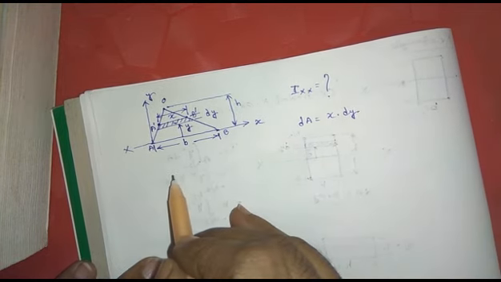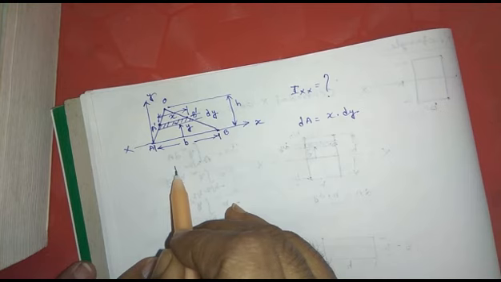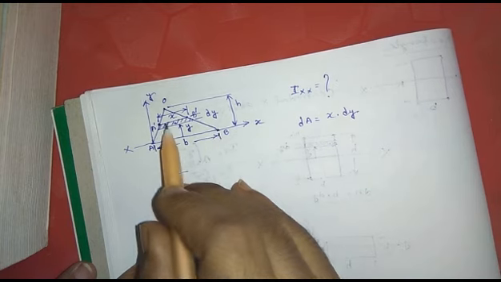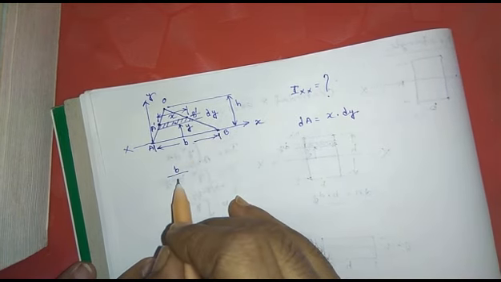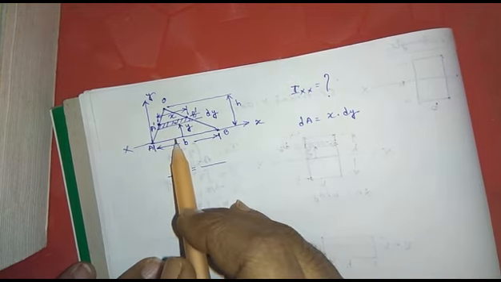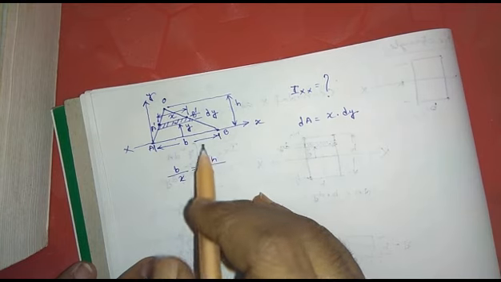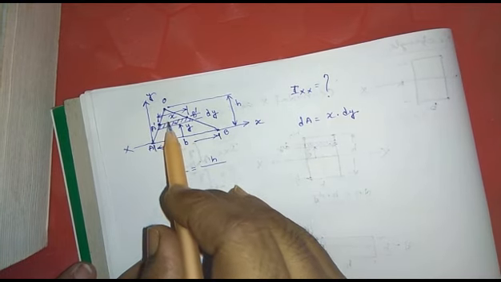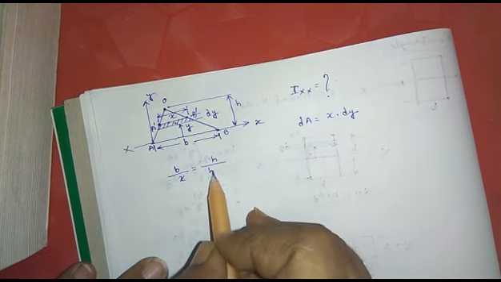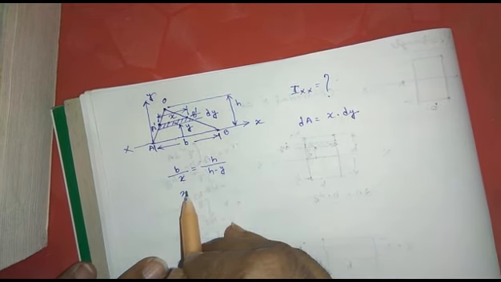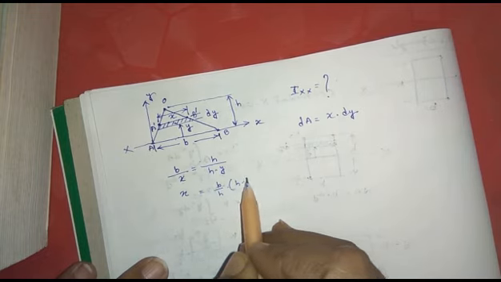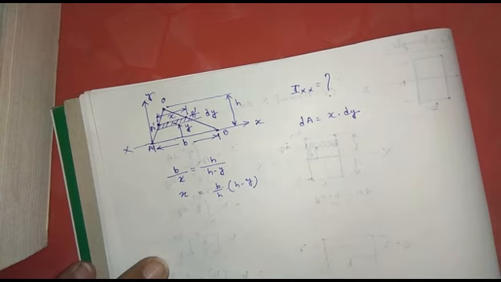So we can say the base of the outer triangle, b, divided by the base of the inner triangle, x, is equal to the height of the outer triangle divided by the height of the inner triangle. What is the height of the inner triangle? This much is y and total is h, so h minus y. So from that we can calculate x is equal to b by h into h minus y.